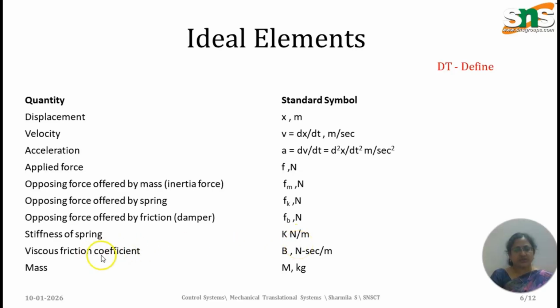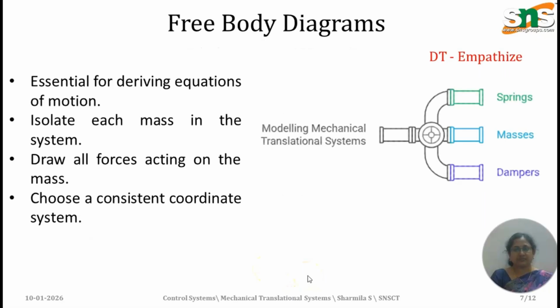The viscous friction coefficient is B, in Newton second per meter. And the mass is M, in kg.